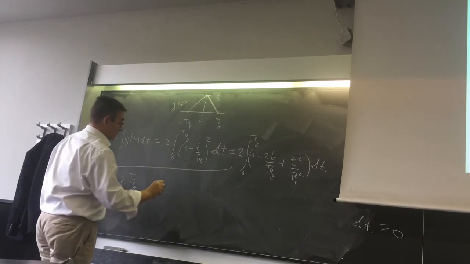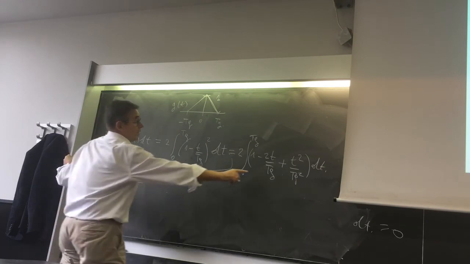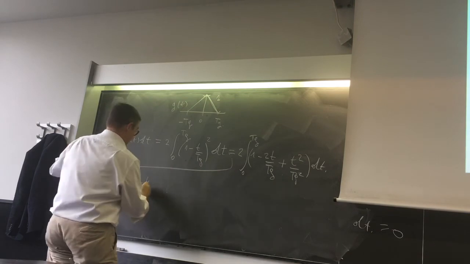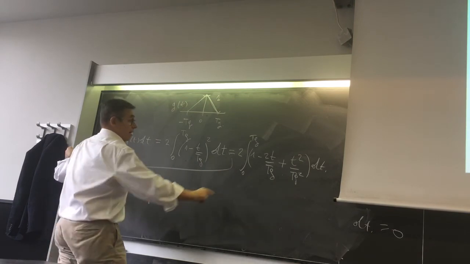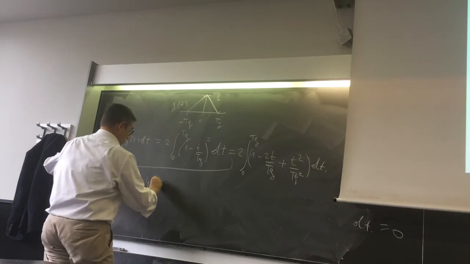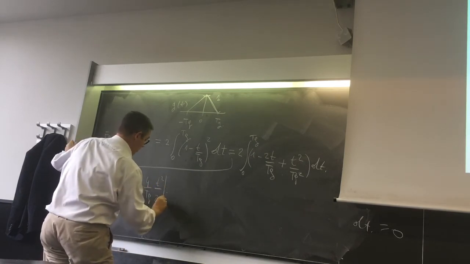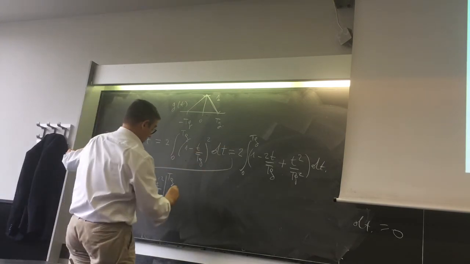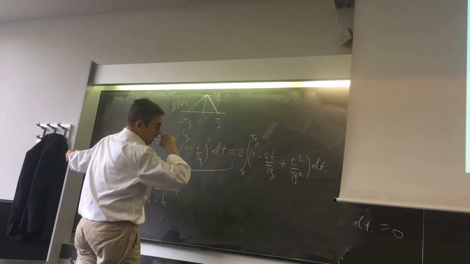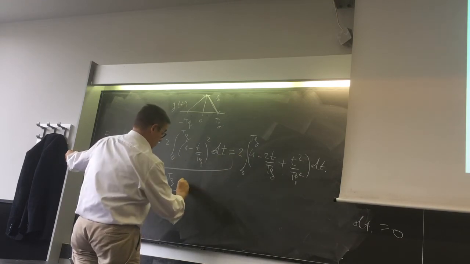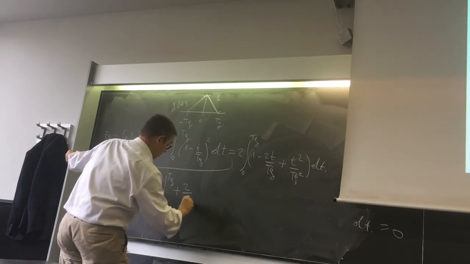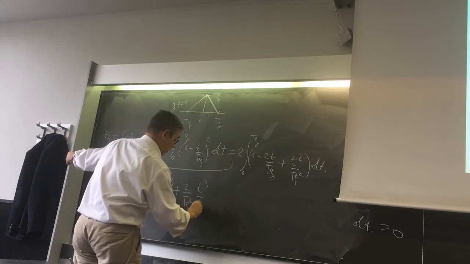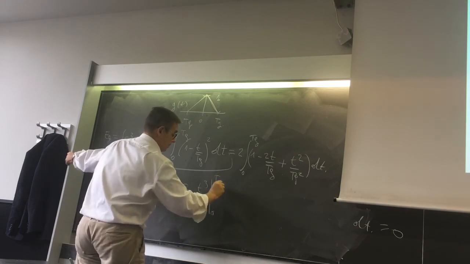Then I have a minus, now this one, which is 2 makes 4. Then I have a tg here. And then it's t squared divided by 2, calculated from 0 to tg. And then the last one is plus 2 tg squared, and then t cubed divided by 3 computed from 0 to tg.